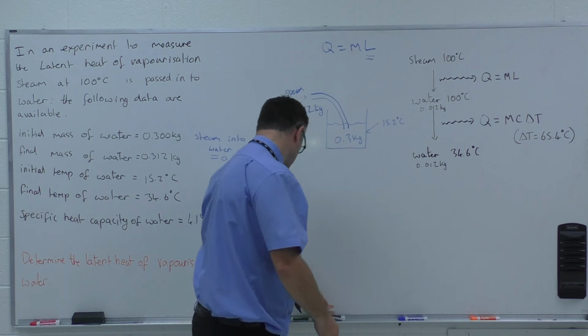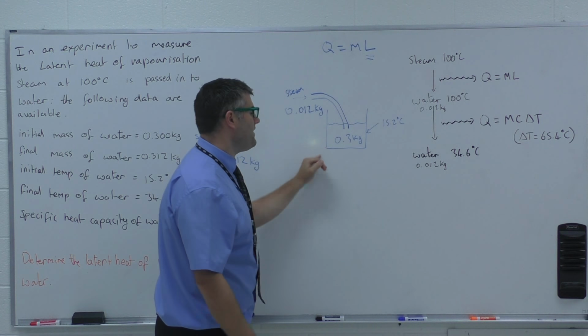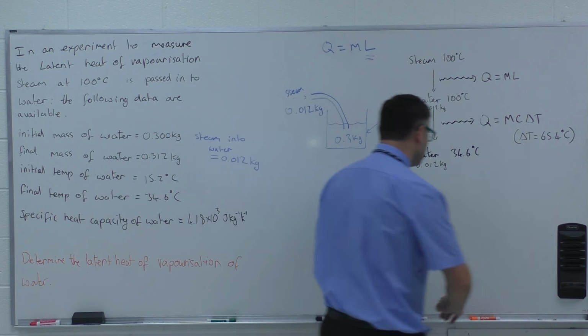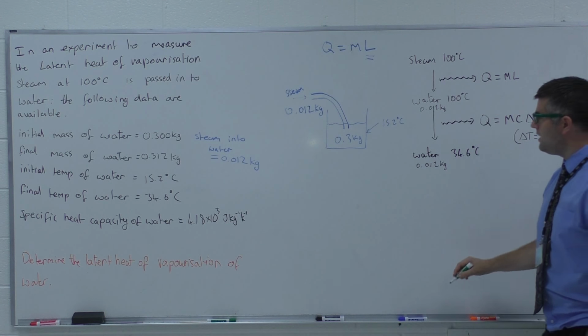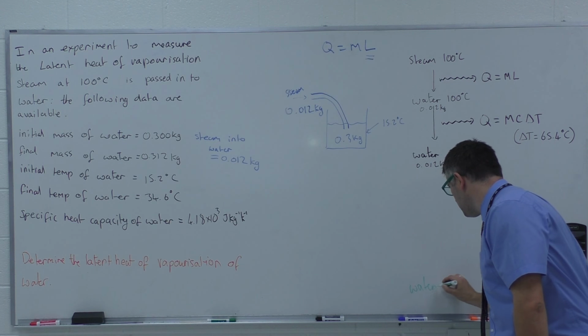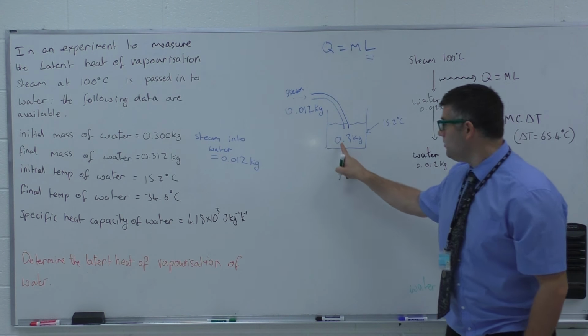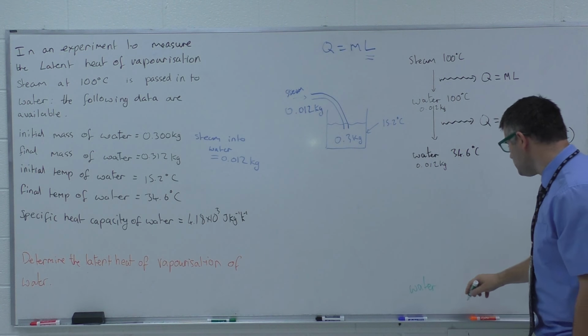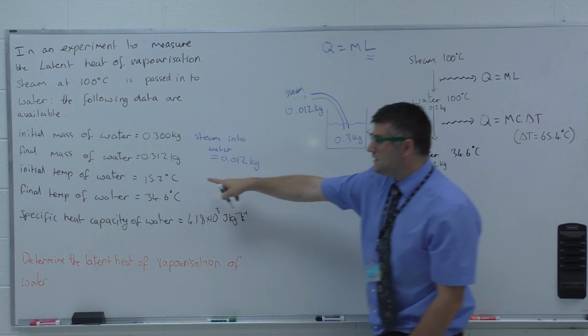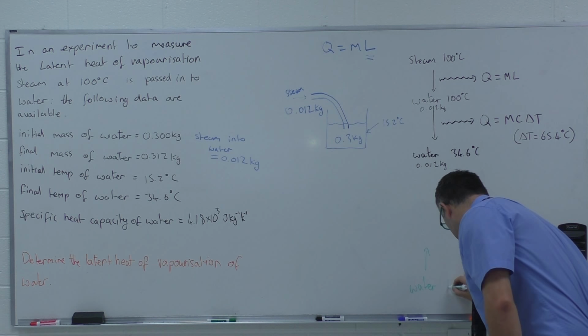Now we're going to identify where that energy is going. We're going to start at the bottom and work our way up, and we're going to start with water. This is the 0.3 kilogram amount. So this is the water, 0.3 kilograms, starting at a temperature of 15.2.